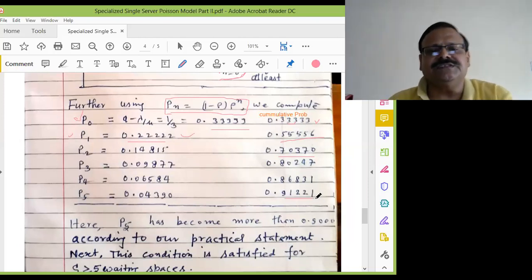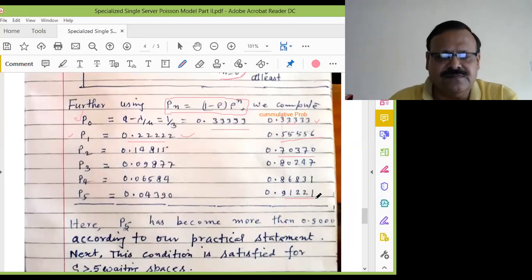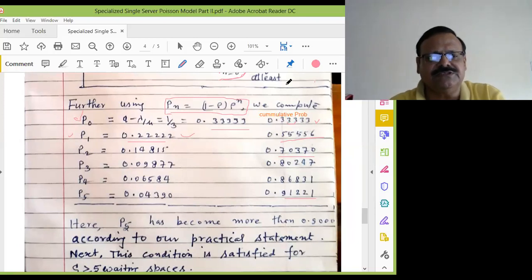So this condition satisfies the condition of the mathematical statement, and therefore P5 has become more than 0. According to more than, this is 9, this is not 5, this is 9. So according to our practical statement, this condition is satisfied.